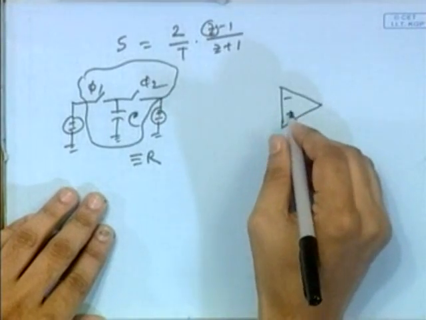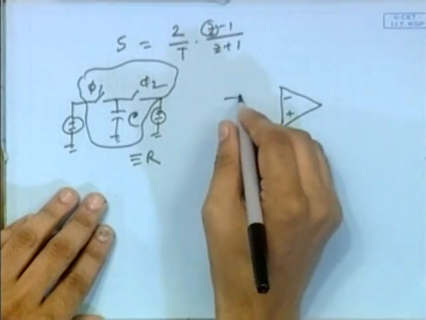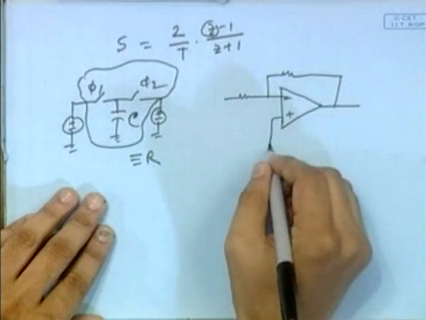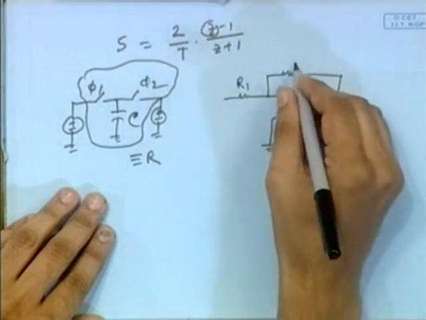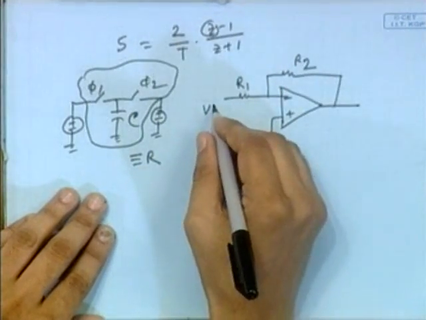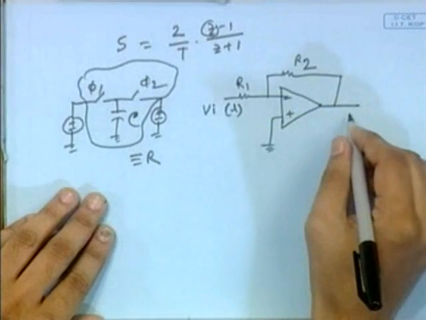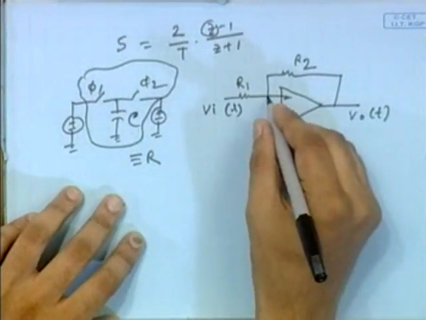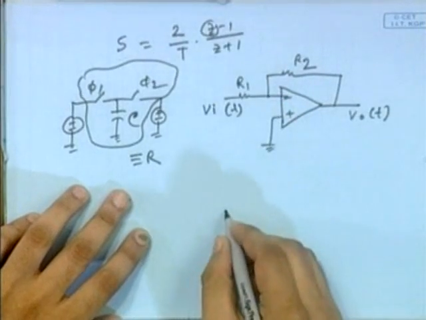Using an op amp, suppose we would like to design one inverting amplifier. So this is R1, this is R2, this is Vin(t) and Vout(t). Now how do we replace these resistors?